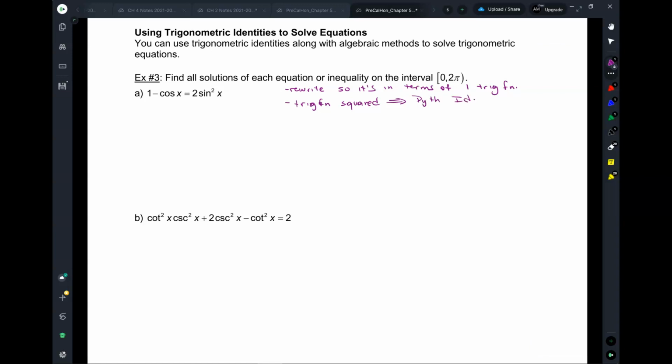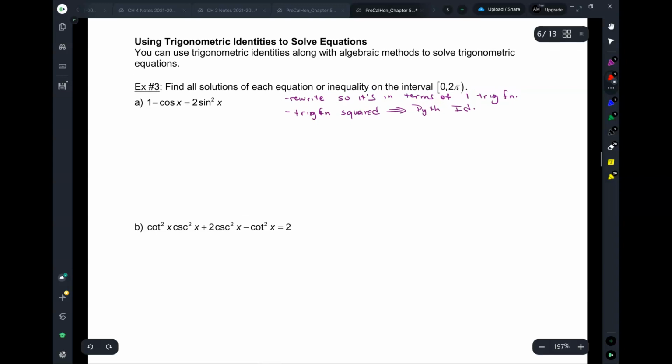Okay, that automatically leads to what? Sine squared x plus cosine squared x is equal to 1. Right? So what's sine squared x equal to? 1 minus cosine squared x.